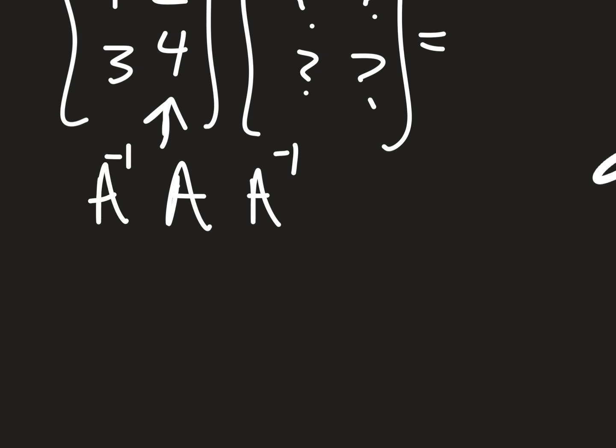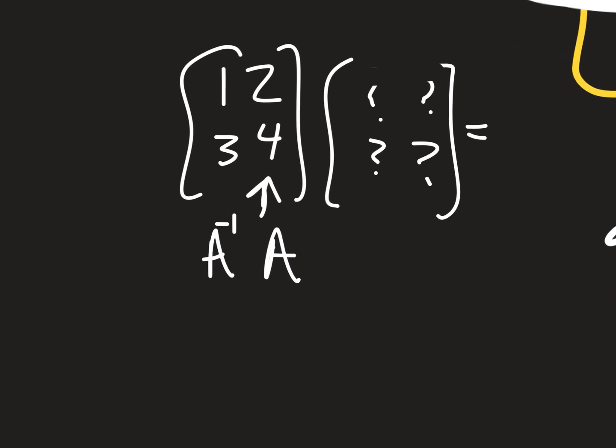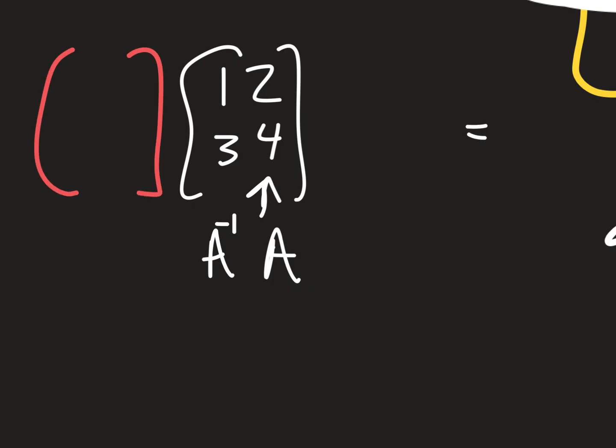Remember, in regular multiplication, 3 times 7 is the same as 7 times 3. You can reverse it, but not in matrix world. So you always do the inverse first. The inverse that your calculator can calculate for you would go right here, and those 4 numbers, when multiplied by this, give you 1.